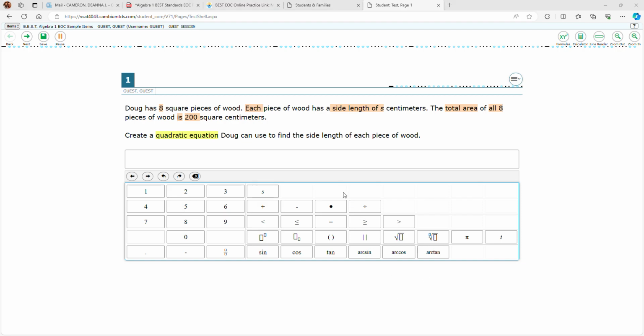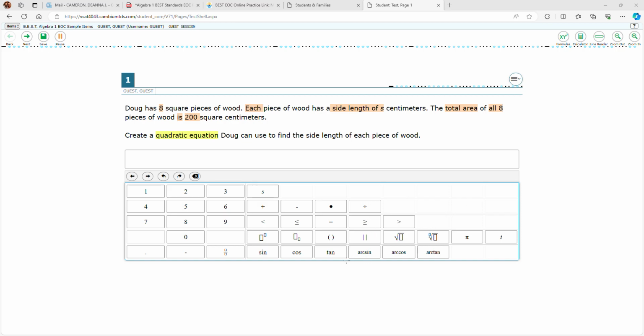So I've got my 8 squares, and they have a side length of S. They're S units long. Each of these little drawings should be a perfect square, but of course this is just a rough sketch, so maybe they don't look so perfect, right?